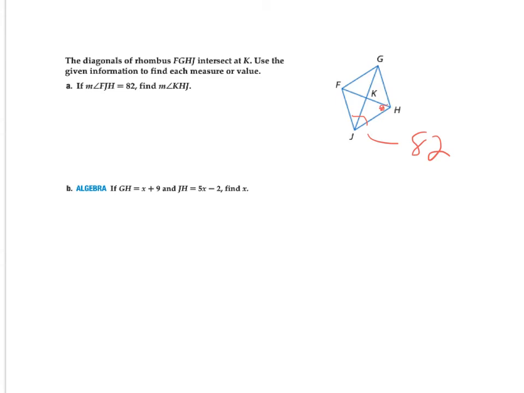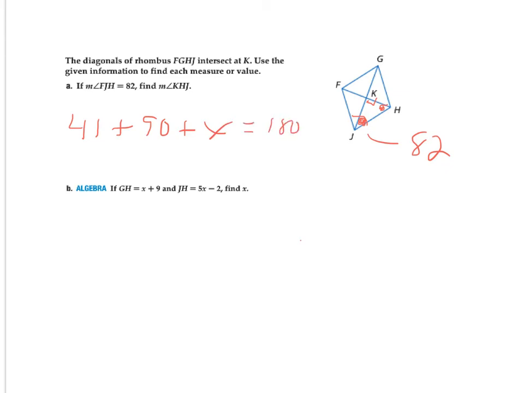Now I know that this is a right angle at K, because the diagonals of a rhombus are perpendicular. So this little angle right here would be half of 82, which is 41. So the measure of angle KJH is 41, plus the right angle is 90, plus the measure that I'm looking for, X, is equal to 180.